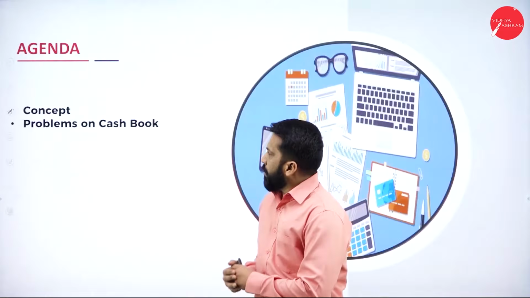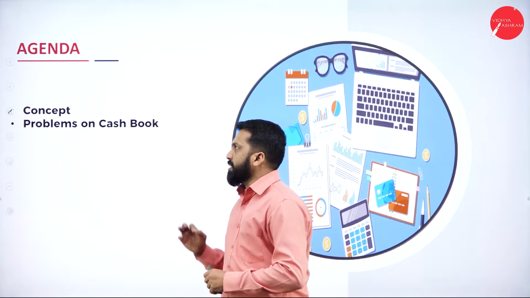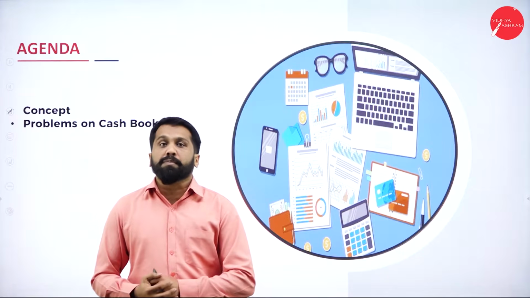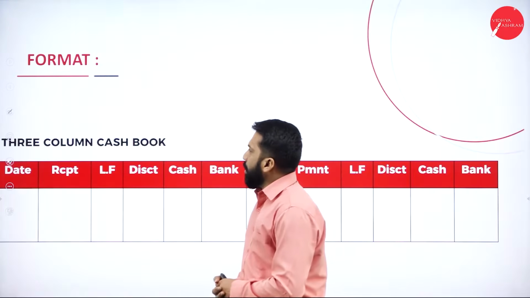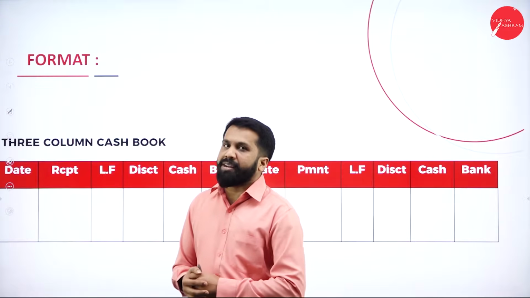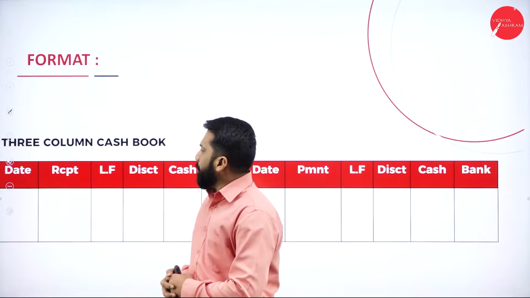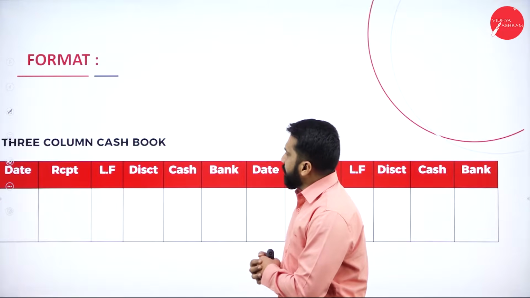So what is the agenda for the day? The agenda for the day is very simple. The concept, as well as we will work out a problem on 3-column cash book. Before that, we will understand the format for your 3-column cash book. Now, the format is very simple. Date, receipt, LF, discount.